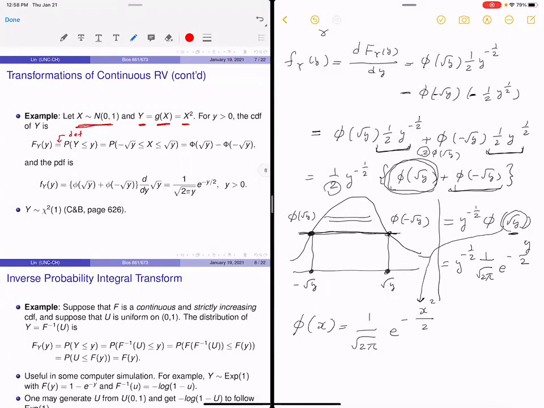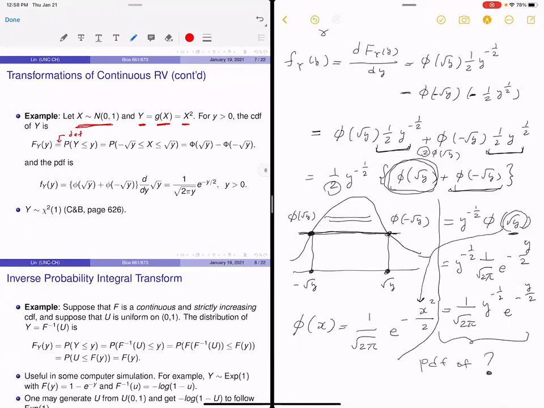Okay? Sorry for my really bad handwriting right now. I still need to get used to the writing surface of my iPad. So this is going to become minus y divided by 2. That's okay. And then you'll find out this is the PDF of what?